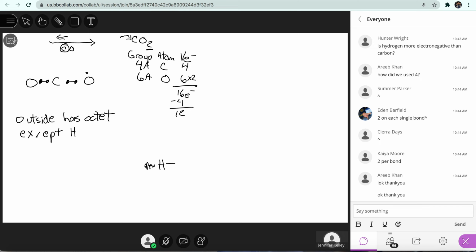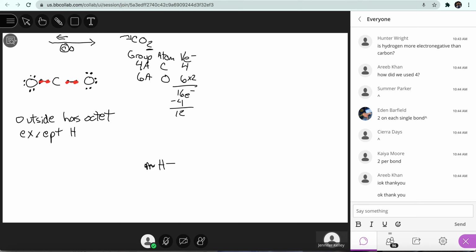So we do 1, 2, 3, 4, 5, 6, 7, 8, 9, 10, 11, 12. All right, and then I'm going to count the electrons around carbon and see if I have 8. So an octet. So it's 1, 2, 3, 4.